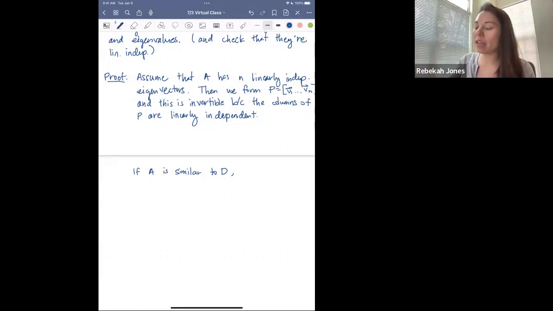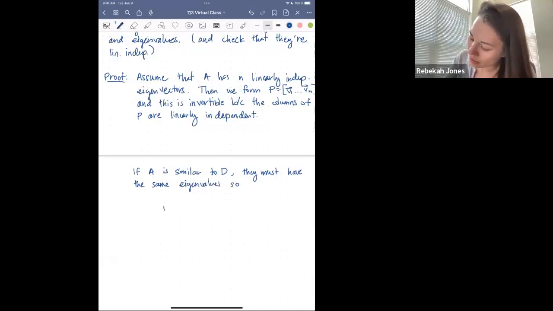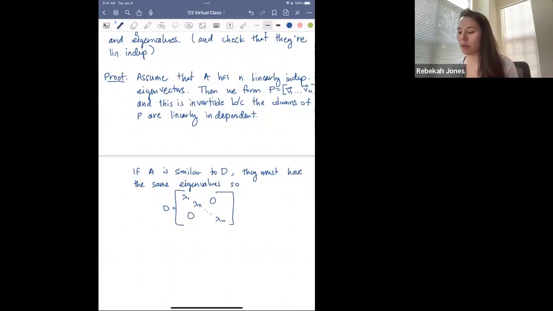So if A is similar to D, then they must have the same eigenvalues. So we get that D is the matrix that we discussed before: eigenvalues along the main diagonal, zeros elsewhere. This is what D has to be.